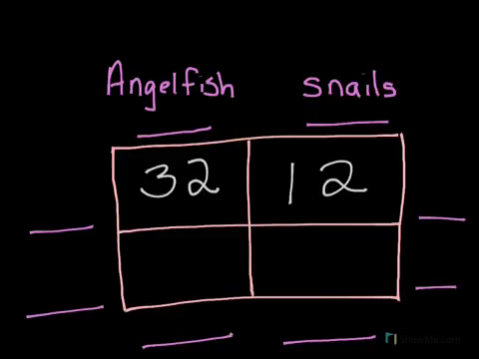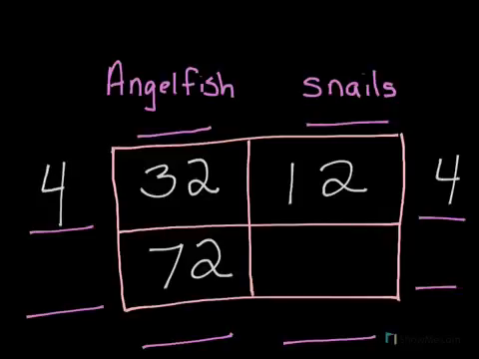So under the column angelfish, I'm going to write 72. Now I just need to solve my factor puzzle. If I look at 32 and 12, I know the greatest common factor would be 4. 4 goes into 32 8 times. 4 goes into 12 3 times.